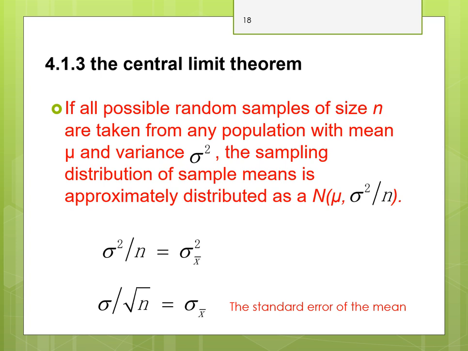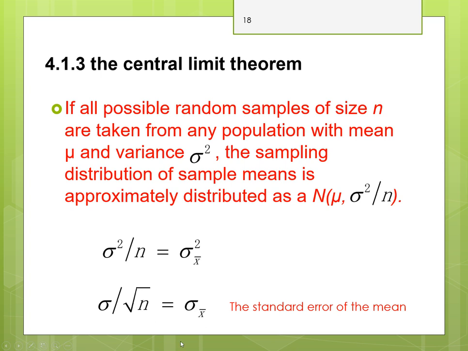And here we all know that in chapter 2 we have another value which is called standard deviation, equal to the square root of variance. The variance is sigma square, so that means standard deviation is sigma. So what is the standard deviation of X bar?